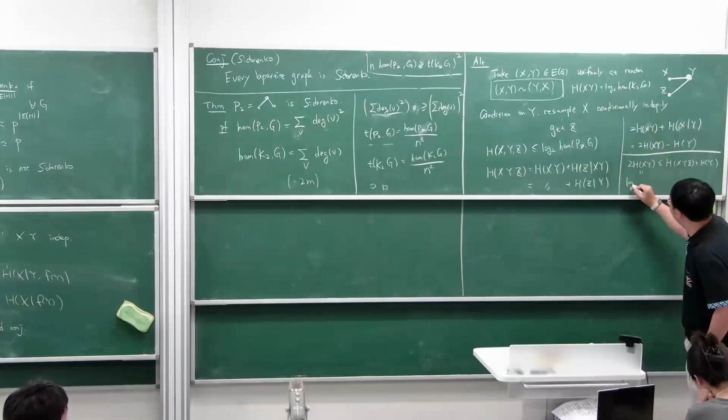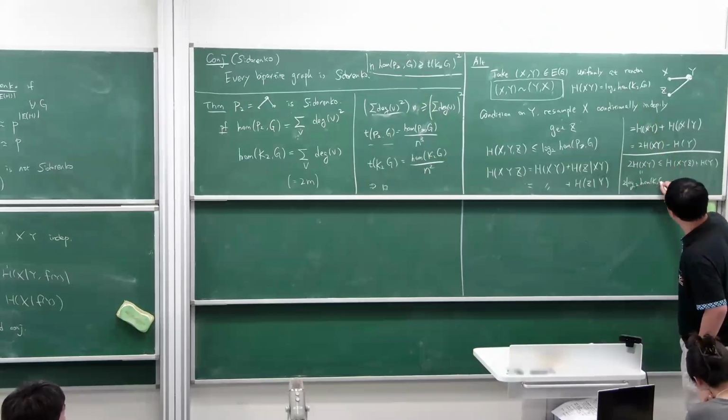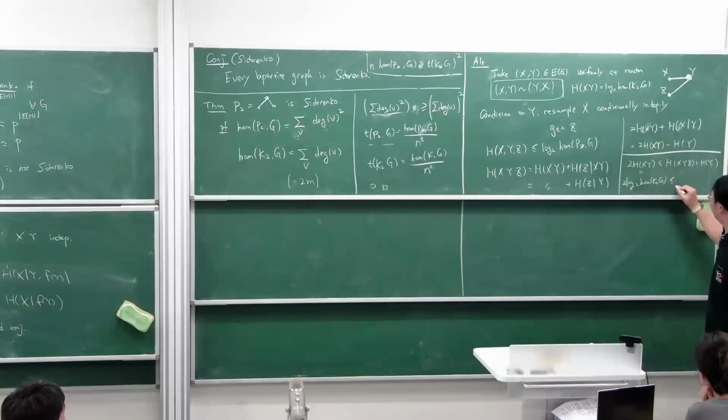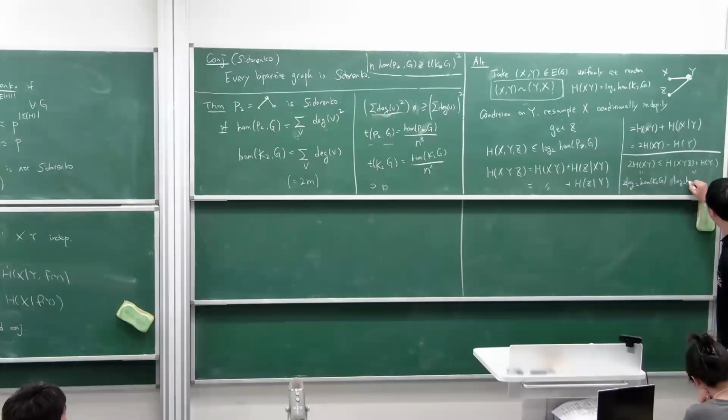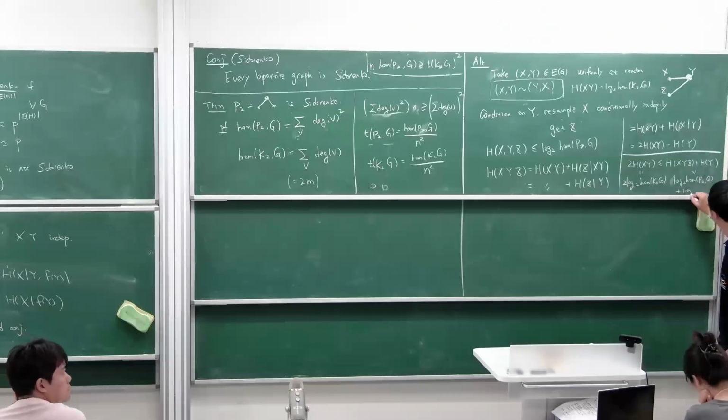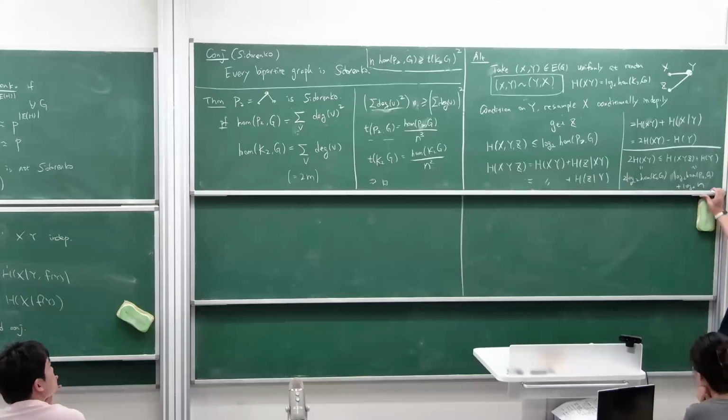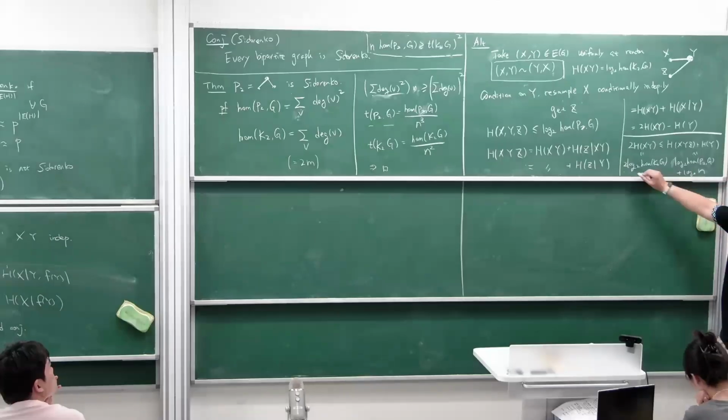This is twice log of the hom of K2 in G. And on the other hand, the right-hand side, you use uniform bound for this item and this item here. This is a P2, this is a vertex. So this is the log of hom of P2. And this is a copy of n. So we prove the desired inequality.